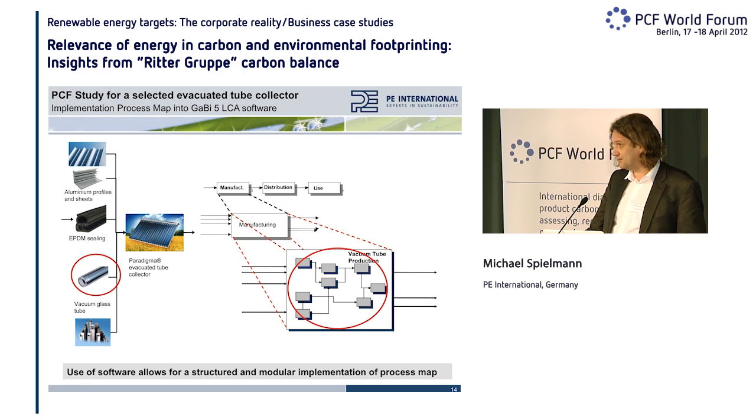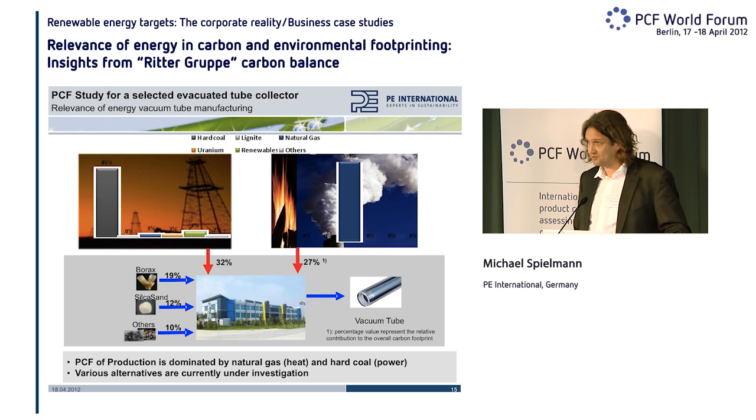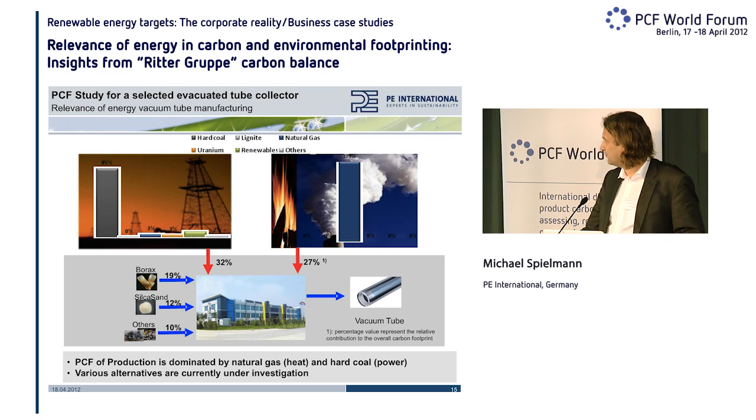I will demonstrate that while doing the analysis for the tube manufacturing. The manufacturing takes place in China, and the percentage figures give you the contribution of each process, either energy or product material going into the production, to the CO2 footprint.